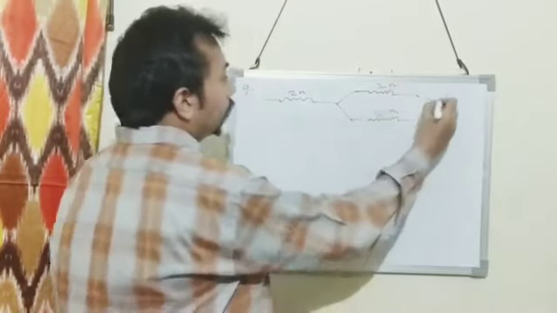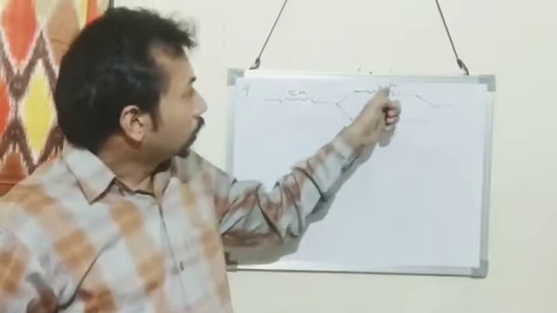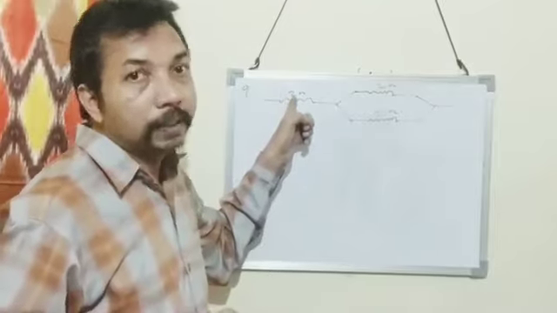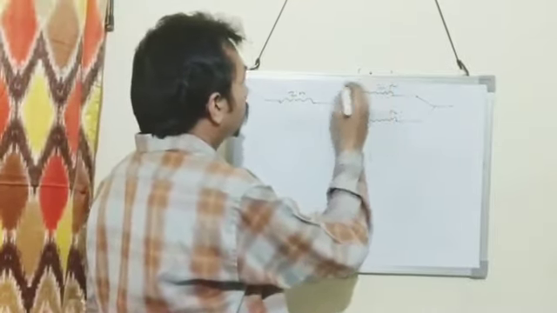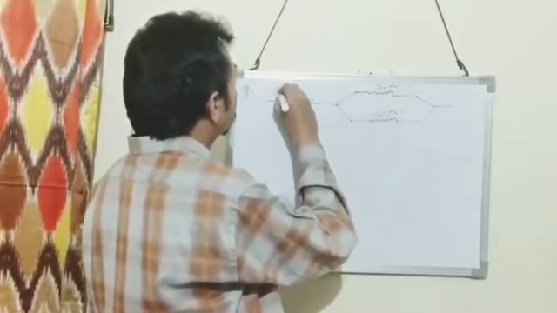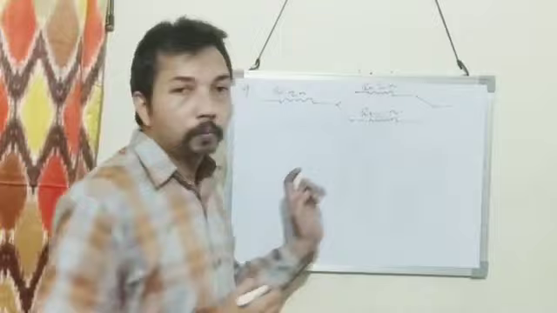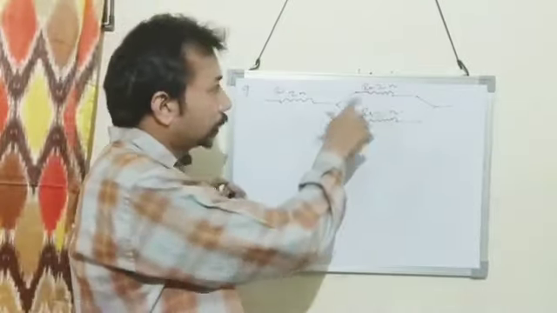So this is the diagram of this question. These two are in parallel with each other, and this one is in series. So let it be R1, R2 and R3. R2 and R3 are in parallel.